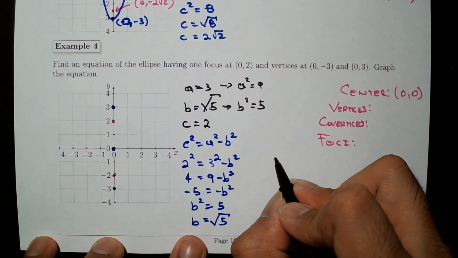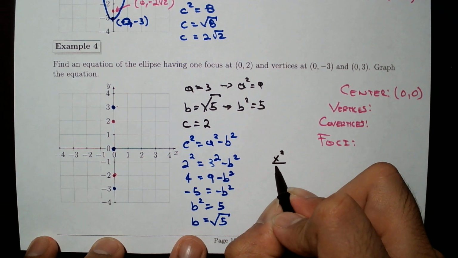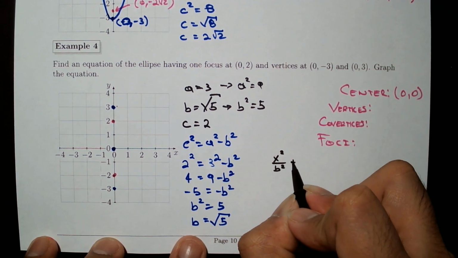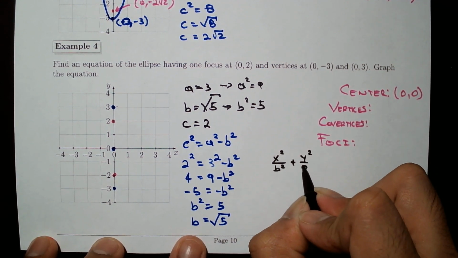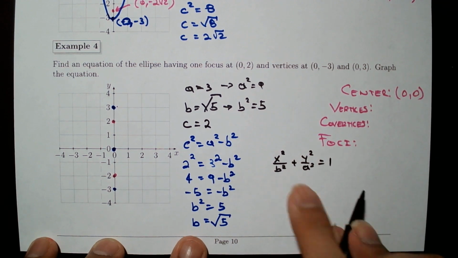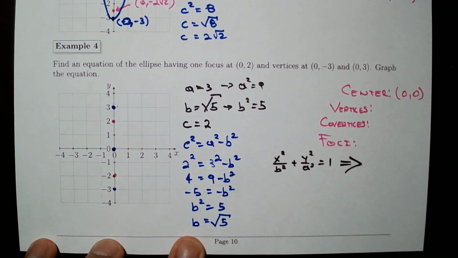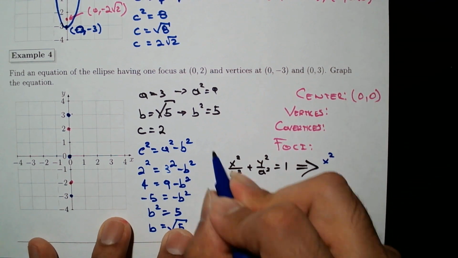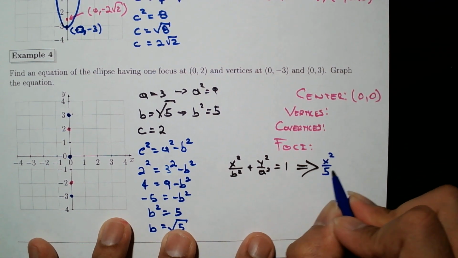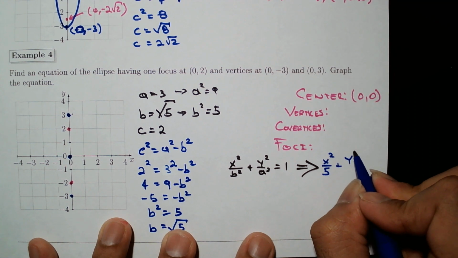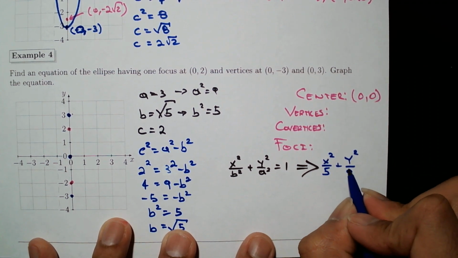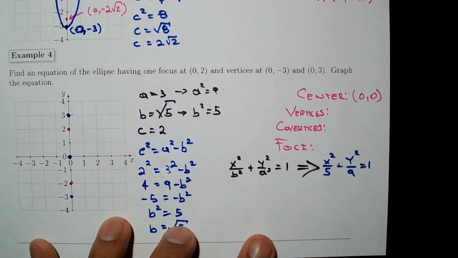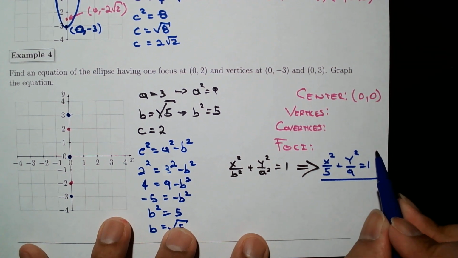Our equation is going to be of the form x squared over b squared plus y squared over a squared equals 1, where x squared over b squared, which is 5, plus y squared over a squared, which is 9, equals 1. So that's going to be our equation.